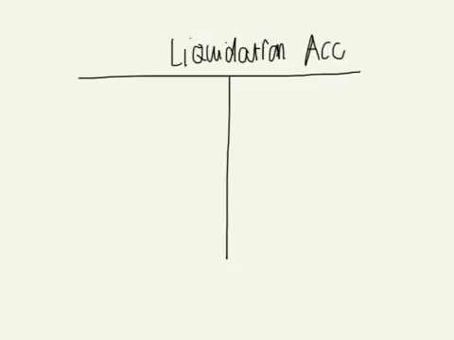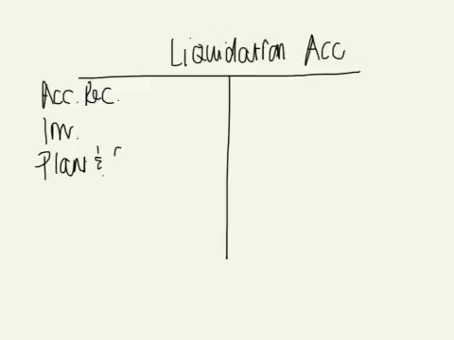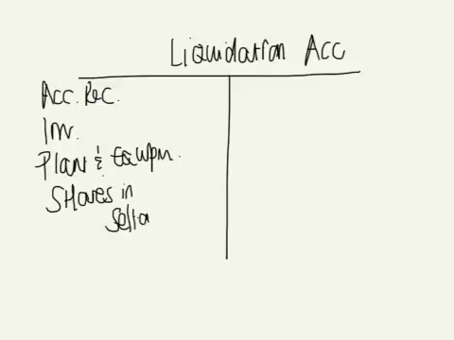Okay, so let's start off. What are the assets that were sold? It's the accounts receivable, the inventory, and the plant and equipment. And the shares, the investment in Sefton. Okay. Now remember, when we record these assets in the liquidation account, we're now working in the accounting records of Tuna Limited, the company that sold these assets.